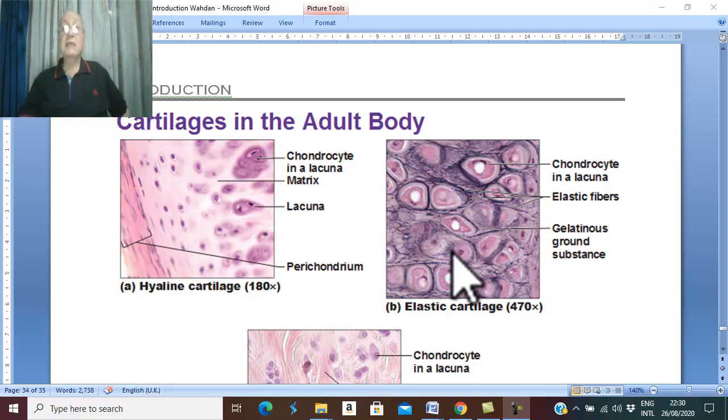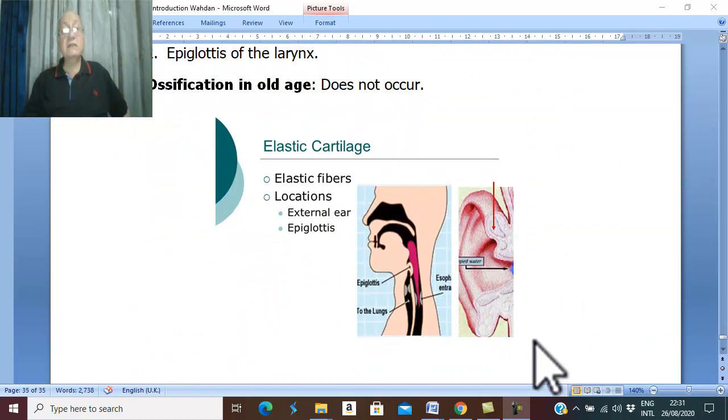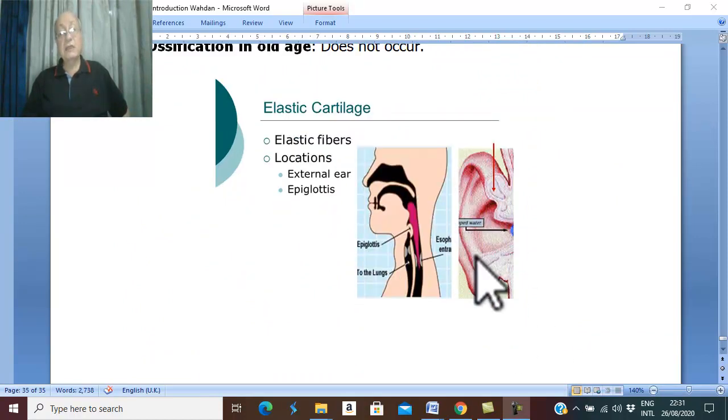And the exception of the respiratory passage: we said that the trachea and larynx are all hyaline cartilage except the epiglottis. The epiglottis is elastic cartilage. These are the two examples of yellow elastic cartilage: the auricle of the ear and the epiglottis.